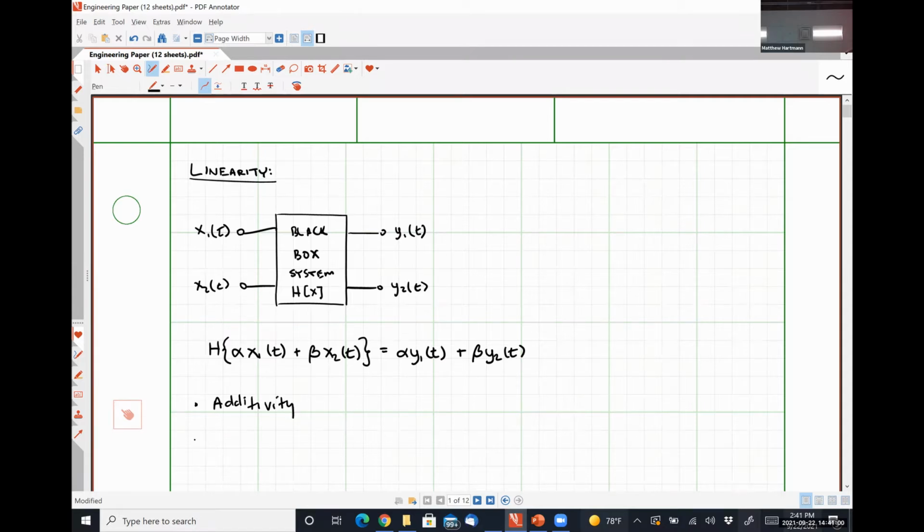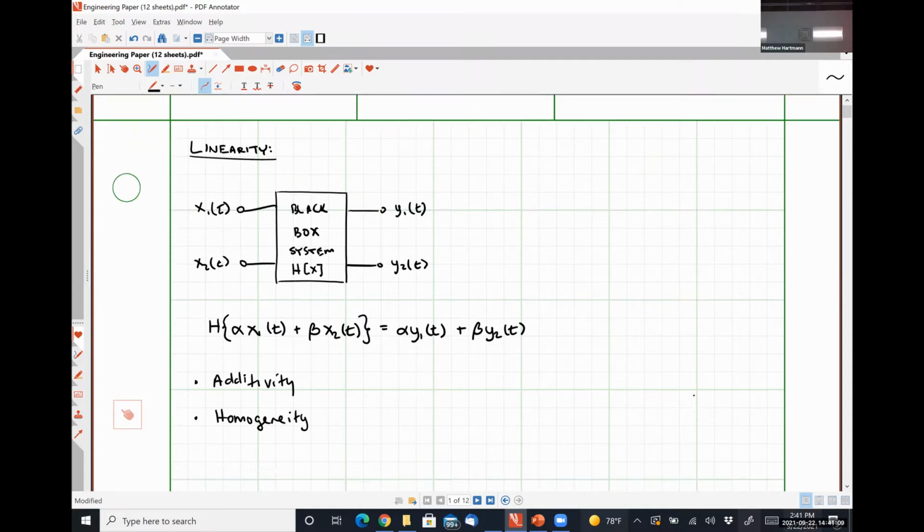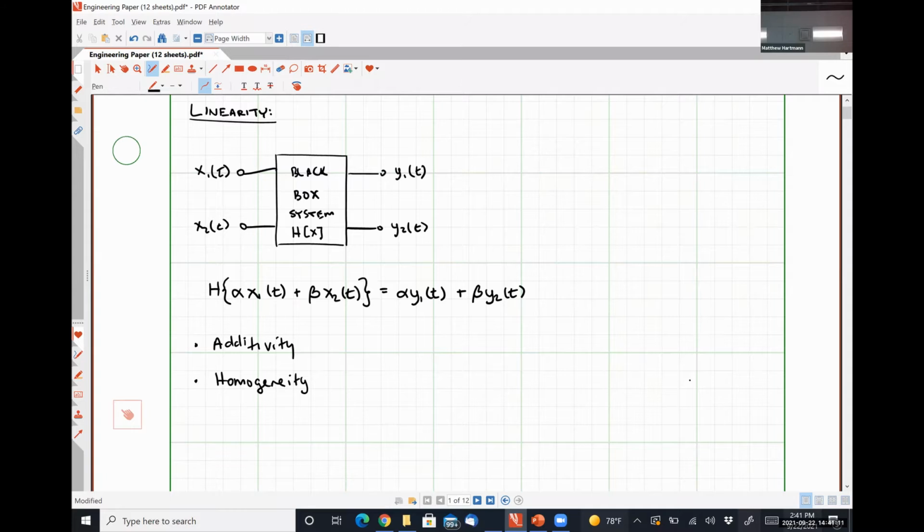The second property is what's called homogeneity. So let's talk about the additivity property first.